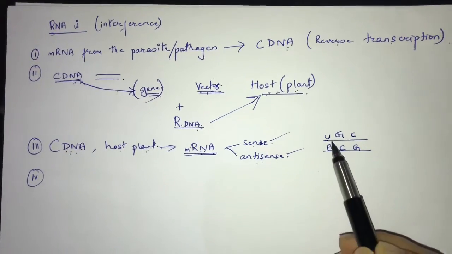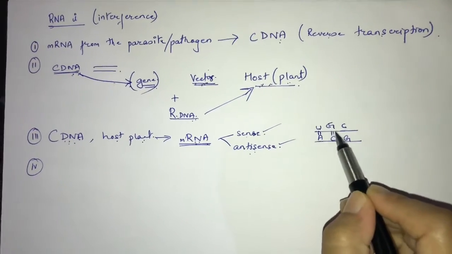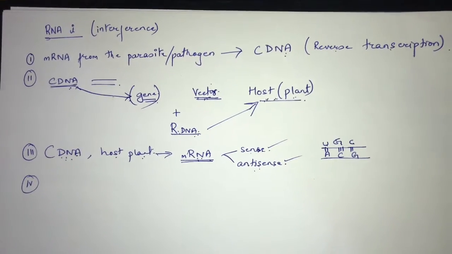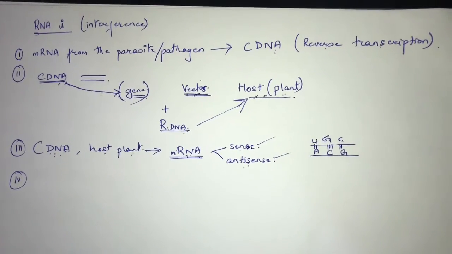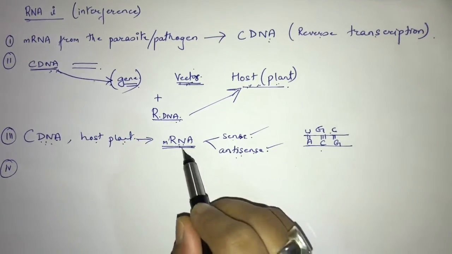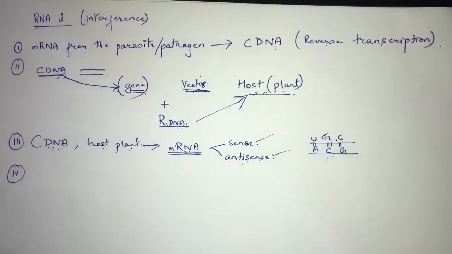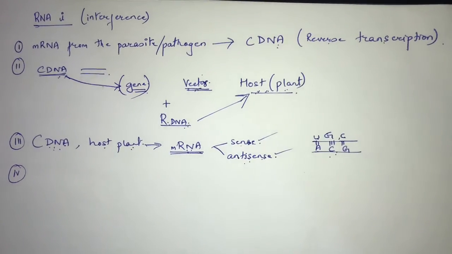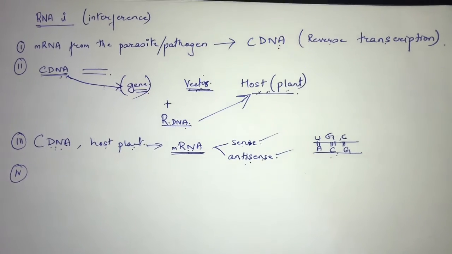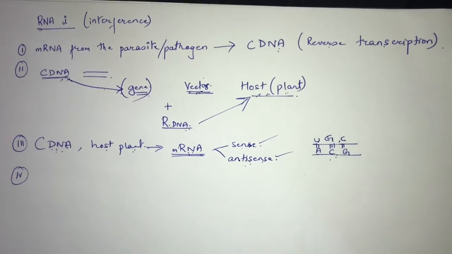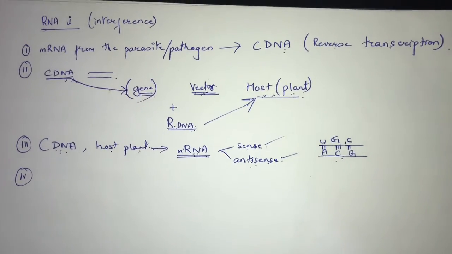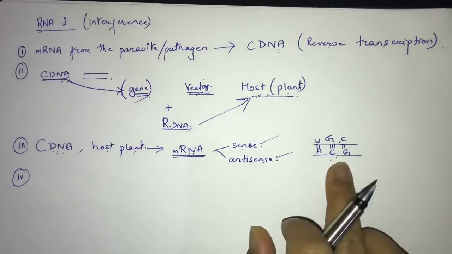So these two strands will be complementary to each other. Now when these sense and antisense strands of mRNA are complementary to each other, they are going to form double stranded RNA. Now the double stranded RNA binds to the specific mRNA of the parasite. Now it is done.